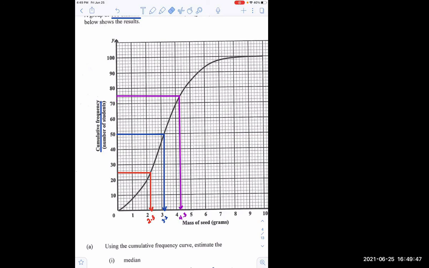So upper quartile is 3/4, lower quartile is 1/4, median is a half. The semi-interquartile range is based on the difference between the upper and the lower.